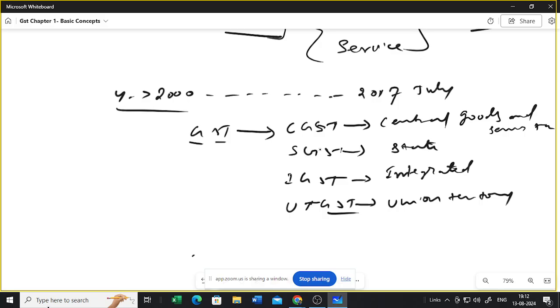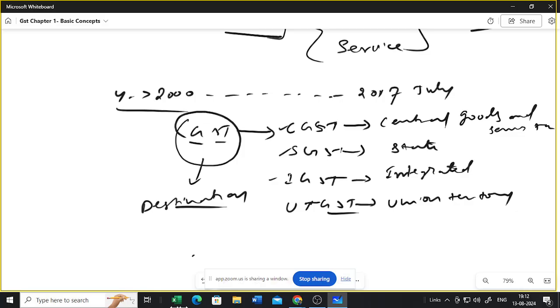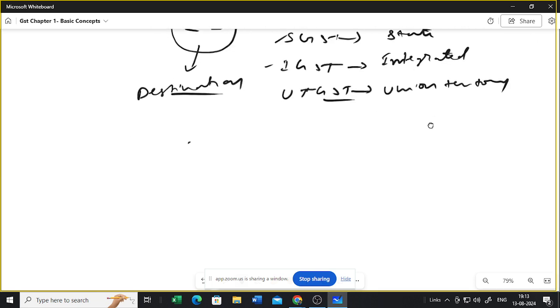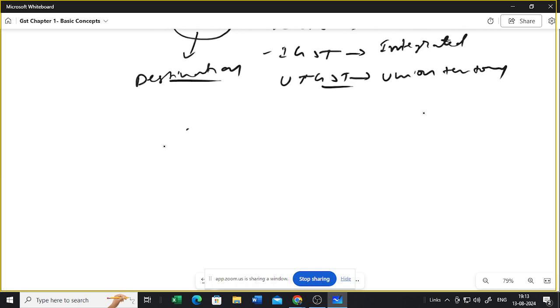by seeing the invoice, can we identify whether CGST, SGST, IGST, whatever should be there? So the first thing I need to confirm to you, GST is a destination based tax. Okay, destination based tax. Clear? Destination based tax means, suppose my state is Andhra.